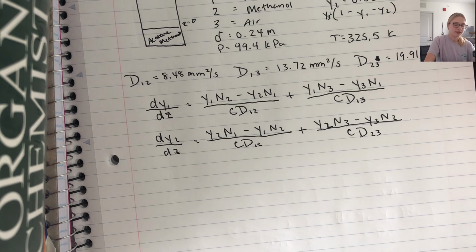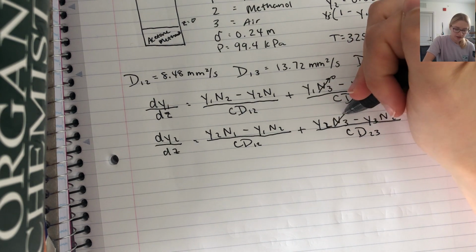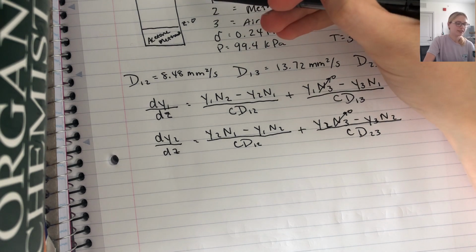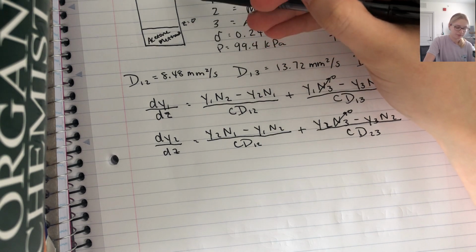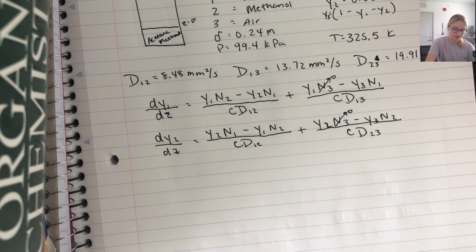So in this situation, the molar flux of component 3 can be assumed to be 0 because air is not diffusing down into the liquid, so its molar flux is equal to 0. This simplifies our equations just a little bit.